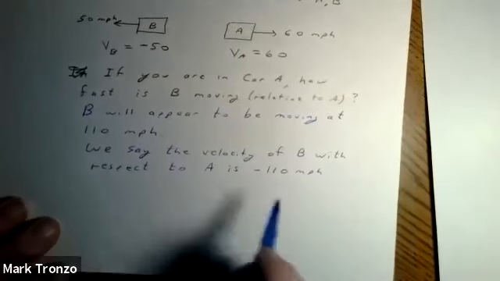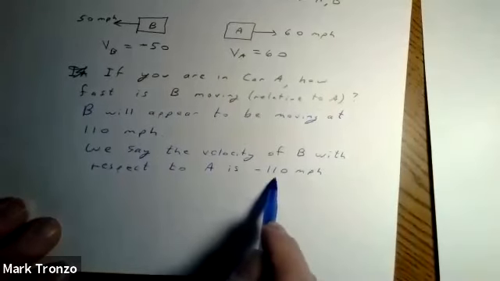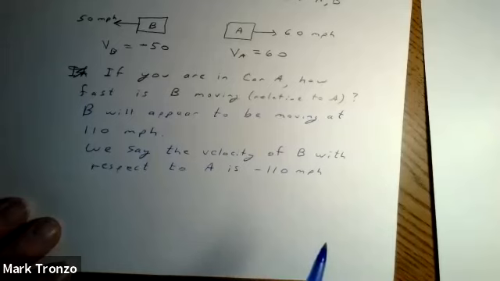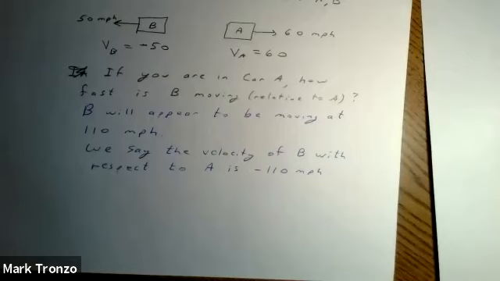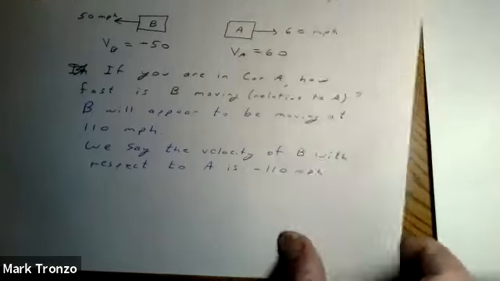It would appear if you're in A that B is moving in the negative direction, minus 110 miles per hour. And that's pretty logical, right? If you're in the car moving one way that fast and something's moving the other direction, it's going to seem like 110.